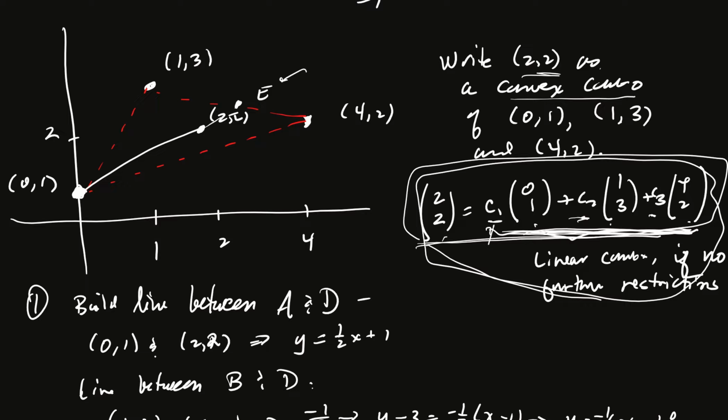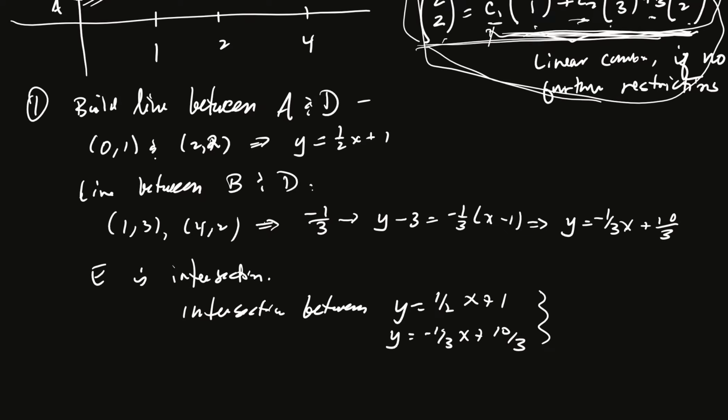The idea was to build the line between this point A, and let's write these points in here, B, C, D. Find the line segment between A and D, which is E, and once you find these coordinates, you write E as a convex combination of B and C. And once you've done that, you write D as a convex combination of E and A, and then you're done.